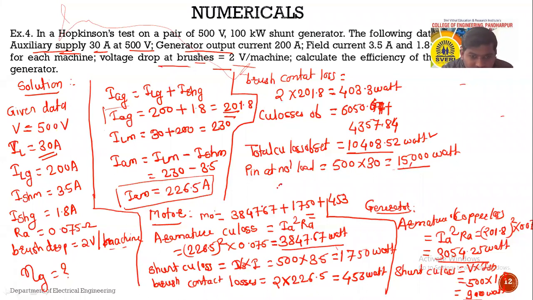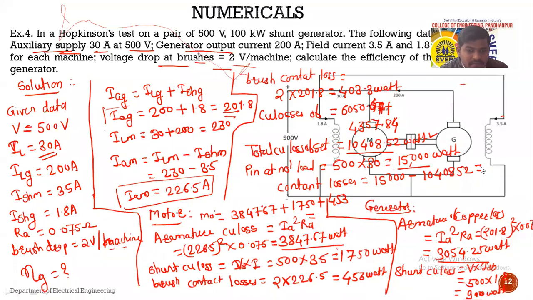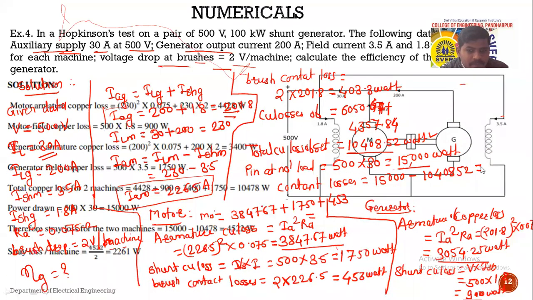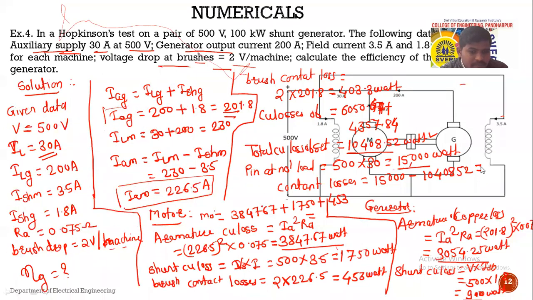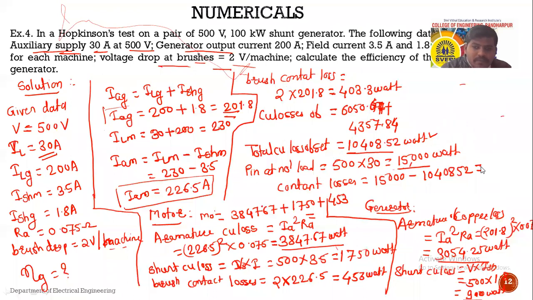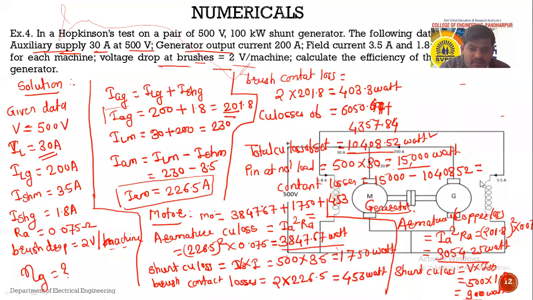Okay, so the constant losses or the iron losses, constant losses, is equal to 15,000 minus 10,408.52. किती आता इथे? किती येते व्हॅल्यू? 4,591.48.